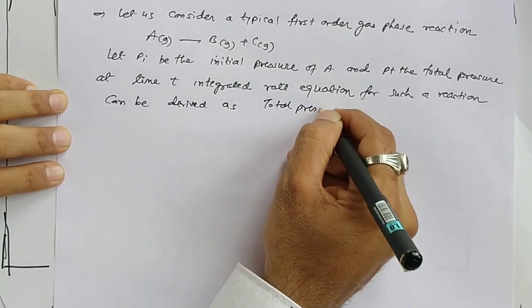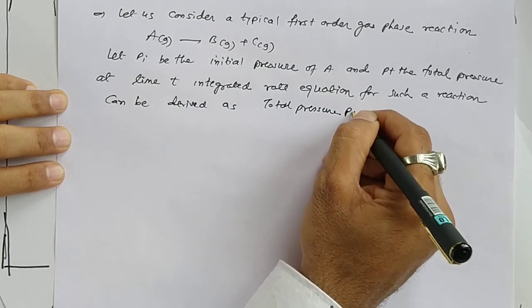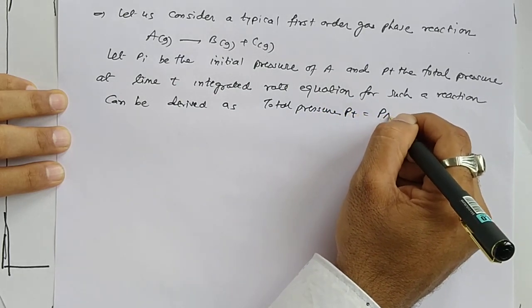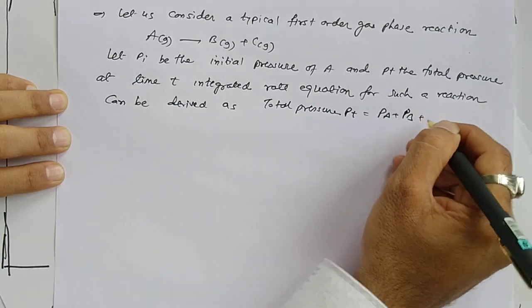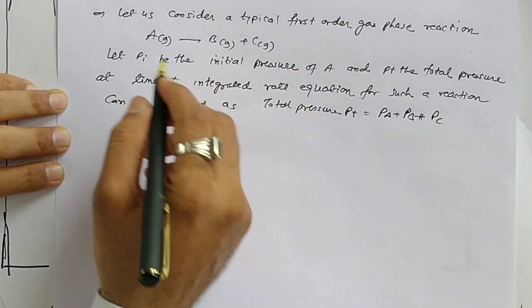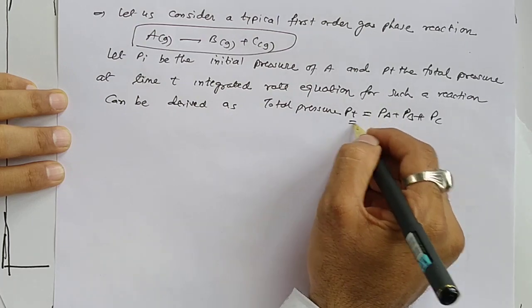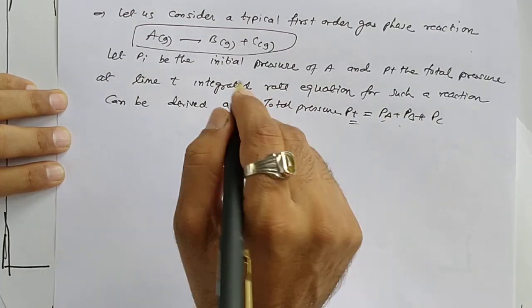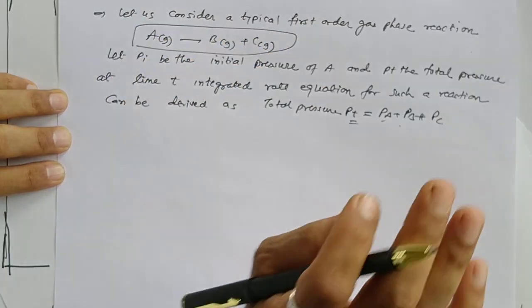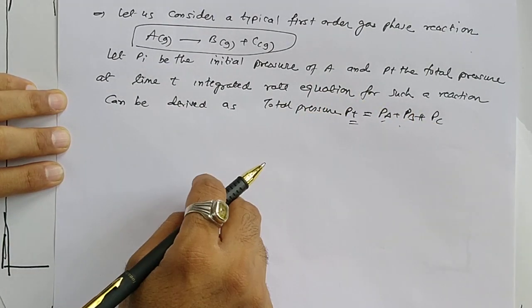Here total pressure Pt will be equal to pressure of A, B and C. When the reaction is started, so at T time, the total pressure of A, B and C gives Pt.